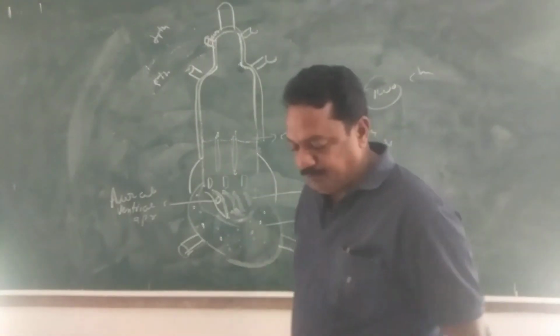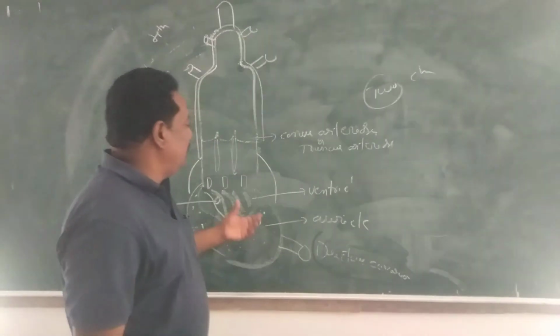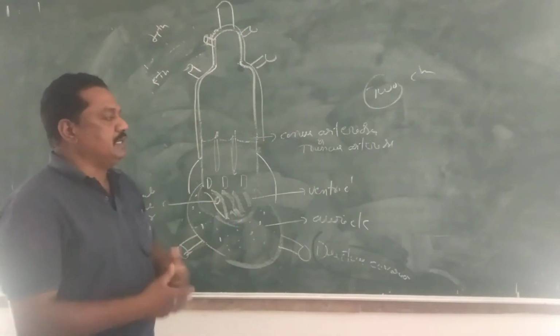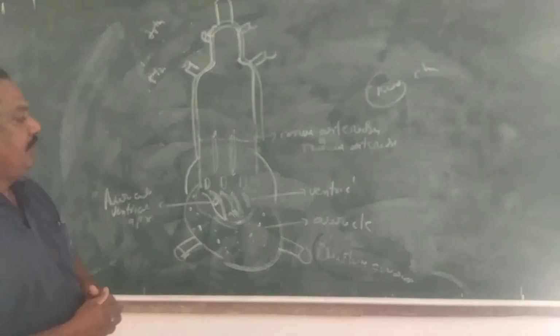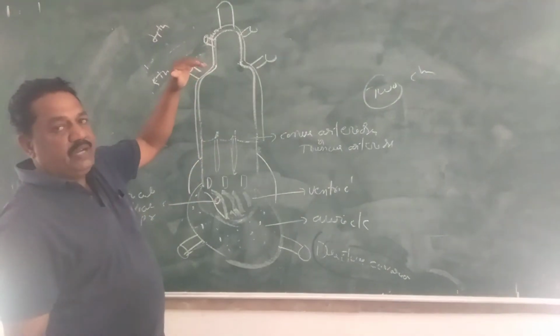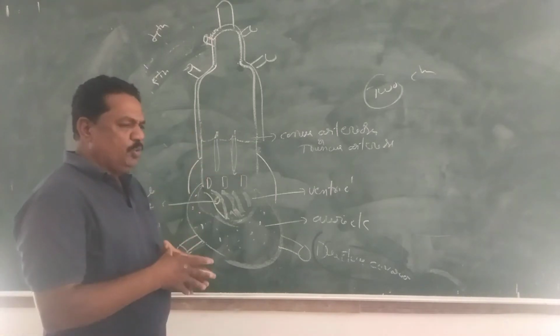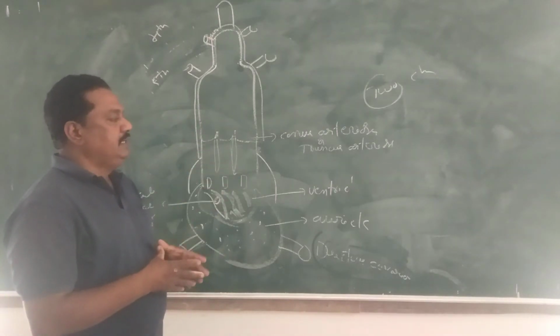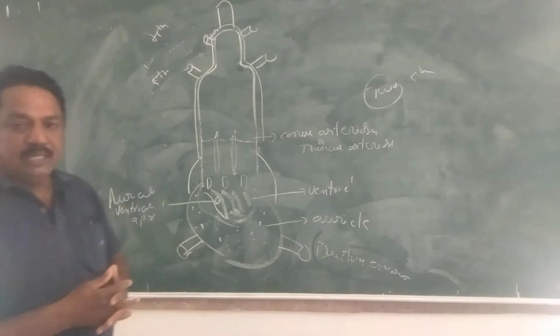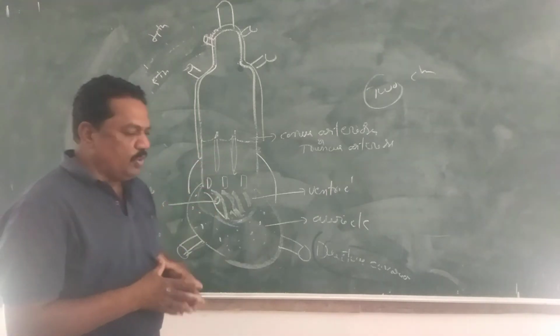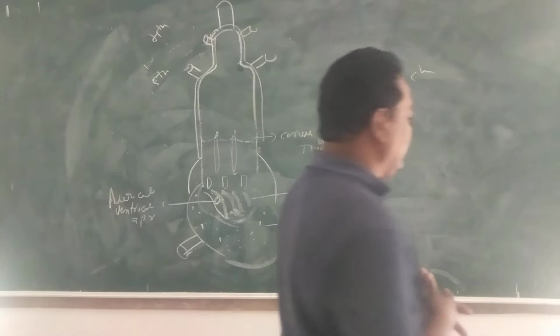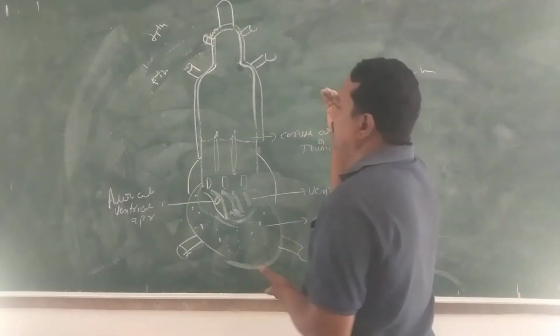From the ventricle, a big blood vessel originates, that is the truncus arteriosus. When it extends to different parts of the animal body, it contains two important valves, the accessory valves as well as the necessary valves. Through these valves, blood flow is regulated, incoming and outgoing.